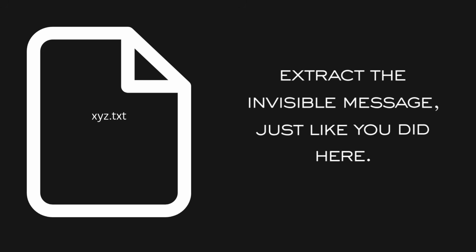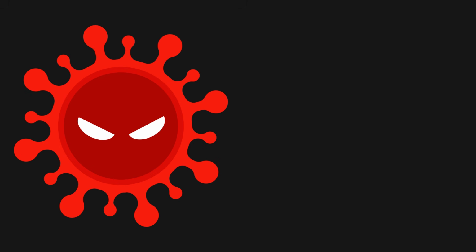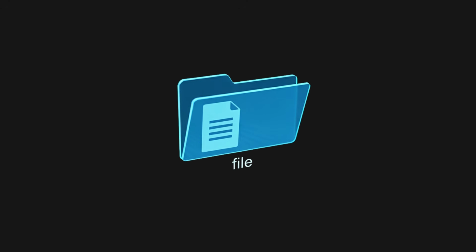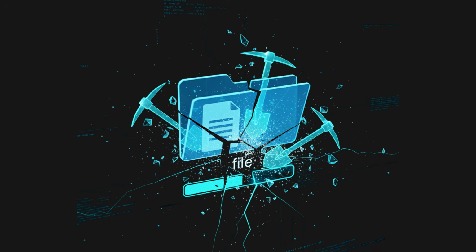Your job is to extract the invisible message just like you did here. Malware authors sometimes use images and files to transport command codes using steganography. The tech you just learned, hackers and forensic experts use it in real-world missions. So next time you open a file and see only regular text, don't get fooled. The real secret might be buried deeper.